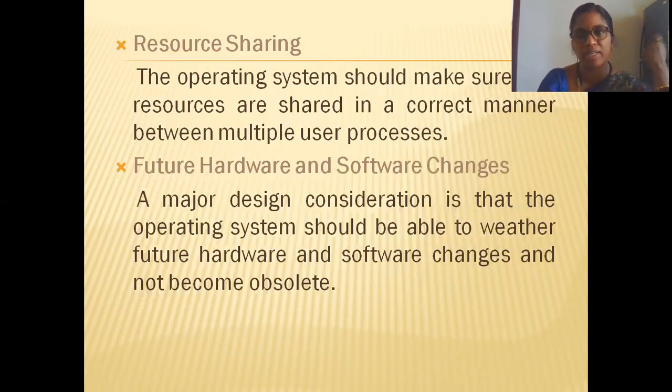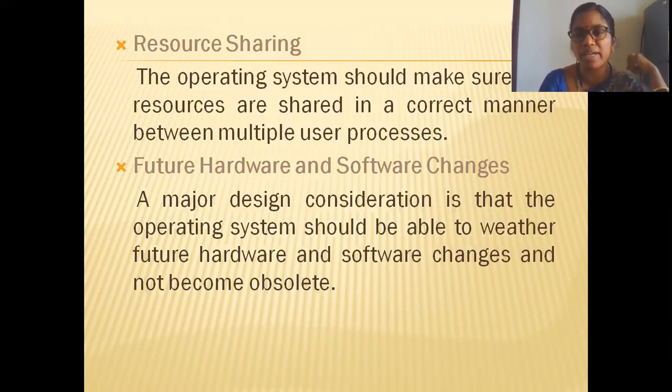Next is the resource sharing. This is another functionality of an operating system. The operating system should make sure that resources are shared in a correct manner between multiple user processes. Resource sharing is the responsibility of an operating system. Here we can talk about the distributed operating system or time sharing operating system.